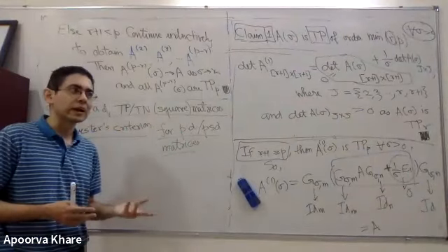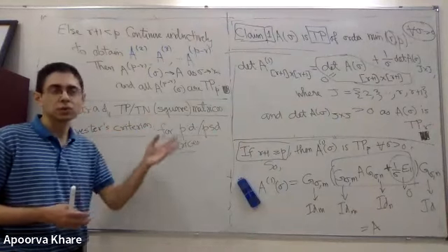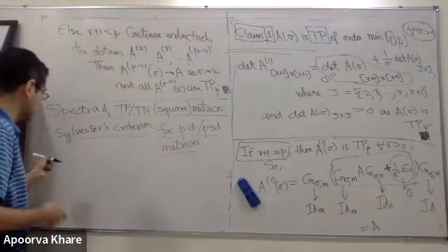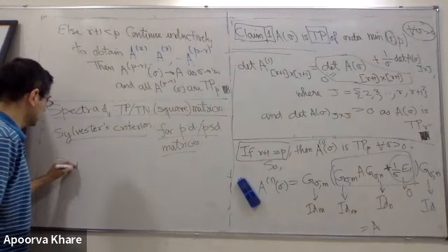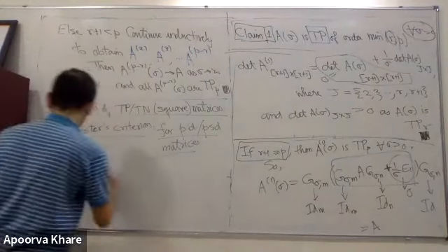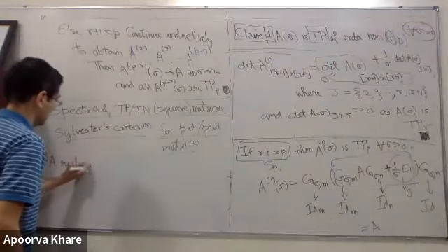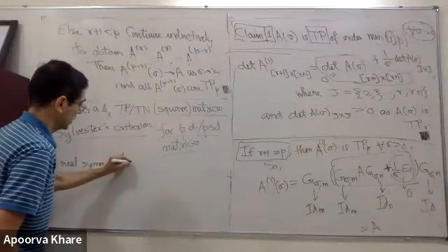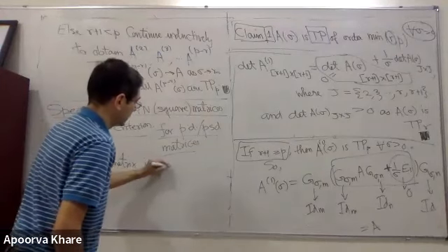One of them is that all the eigenvalues are positive, and another is that u transpose A u is strictly positive. So one way to state this is that a real symmetric matrix is positive definite.